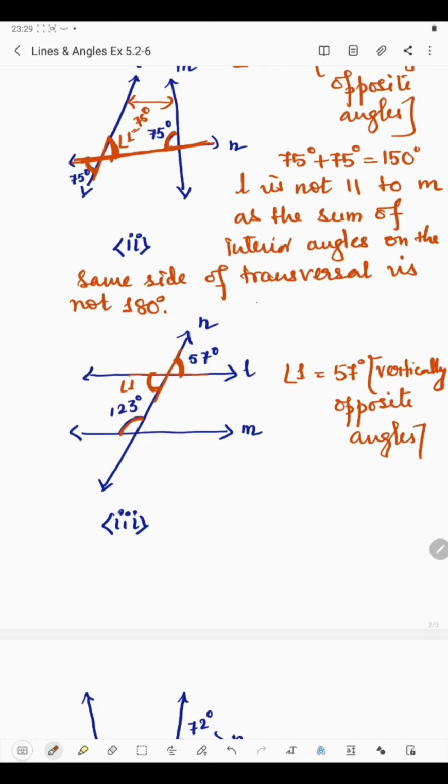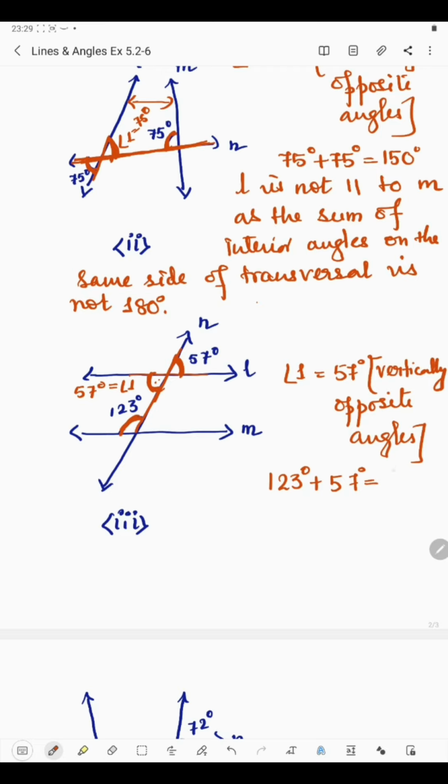Okay. Now here angle 1 we have got 57 degrees. Now these two are interior angles because these two angles are on the same side of the transversal line N. So we'll find the sum of 123 degrees and 57 degrees, and if we get 180 degrees, then lines L and M are parallel.